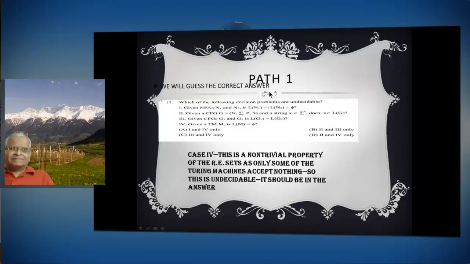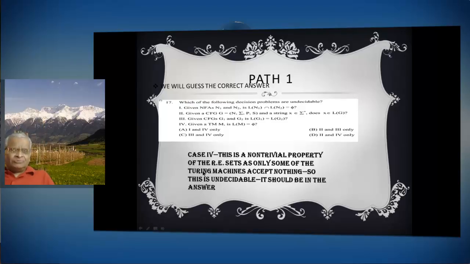First, we will guess the correct answer, part 1. Let us consider statement 4. Given a Turing machine M, is the language accepted by M empty? If I take an enumeration of all the Turing machines, only some Turing machines accept nothing. In other words, it's a non-trivial property of the RE sets.